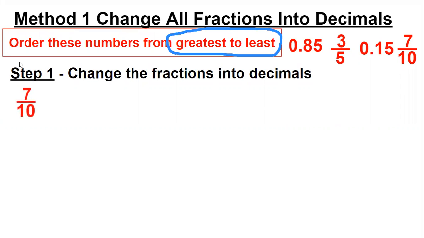So we have 7/10. How do we change that into a decimal? We put the 7 on the inside and the 10 on the outside. We can't take a 10 and divide it into a smaller number, a 7. So we have to put a decimal point and a 0. And then we put the decimal point above right away so we don't forget. That's easy to forget.